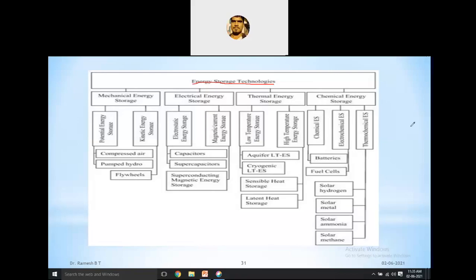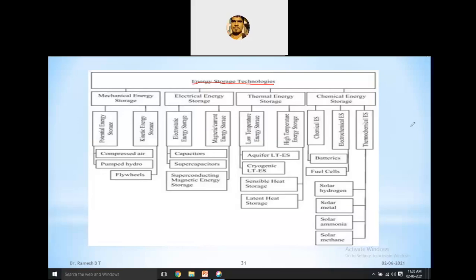In some of the watches earlier, we won't use any cells. We only give rotations, a small thread is there and we rotate it. If you keep on rotating, it will store the energy in the form of mechanical energy. Once it reaches the maximum, we stop rotation and slowly it reverts, it rotates back and provides the necessary energy. You just observe in the watches or in the clock.